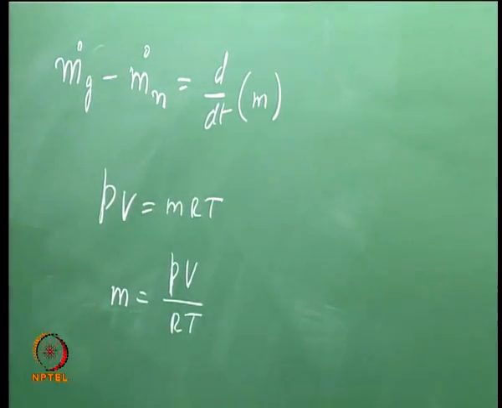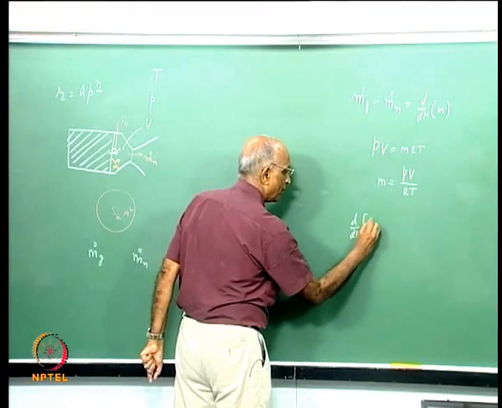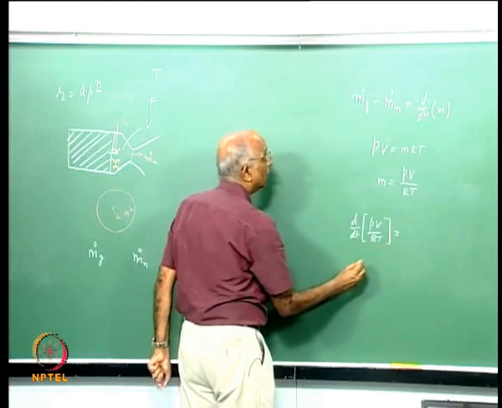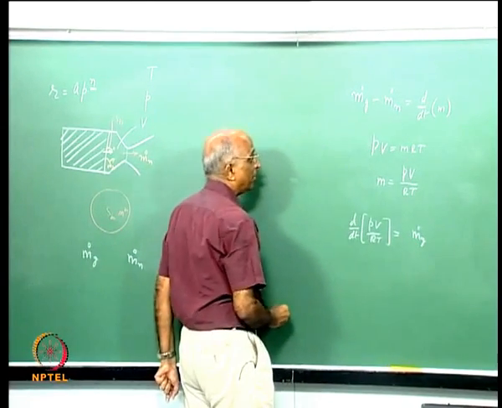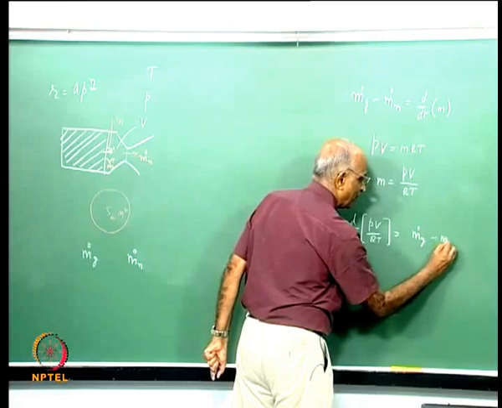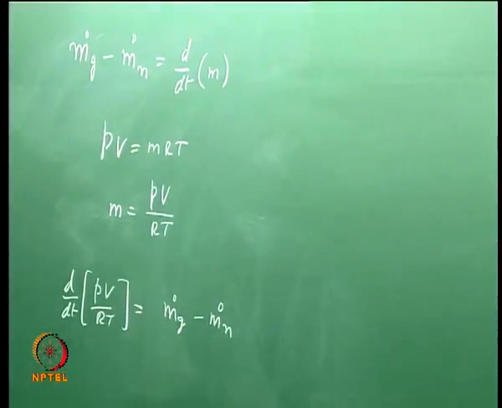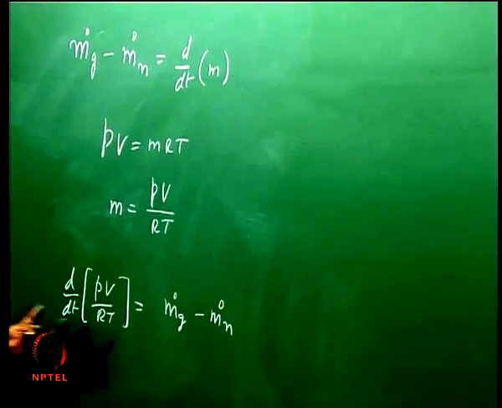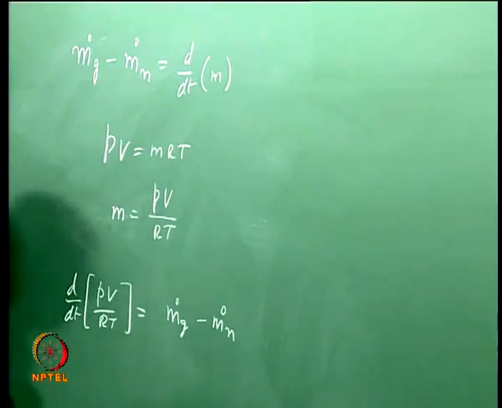Therefore, I can now write d by dt of PV by RT is equal to the mass of gas generated at the propellant surface by burning minus m dot n, which is leaving through the nozzle. Is it okay? Let us simplify this term.